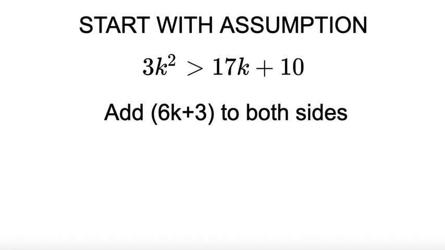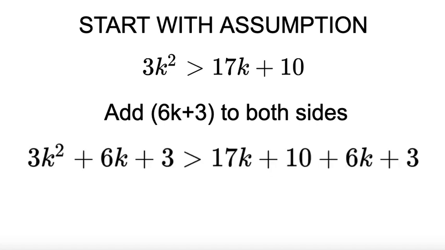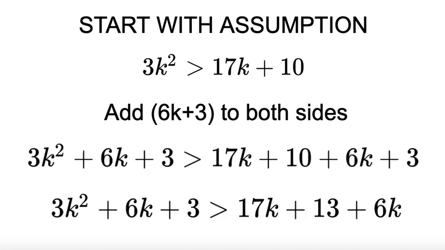So in this case, to make it easy, we'll start with the left side, and we'll add 6k plus 3 to both sides, which will give us 3k squared plus 6k plus 3 is greater than 17k plus 10 plus 6k plus 3, which is 3k squared plus 6k plus 3 greater than 17k plus 13 plus 6k.